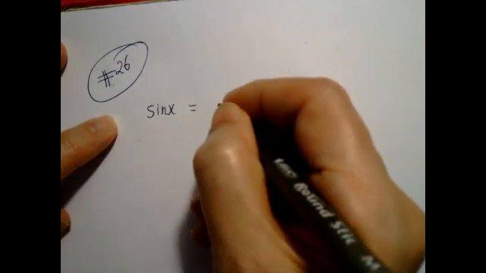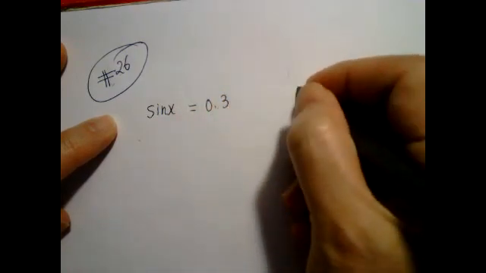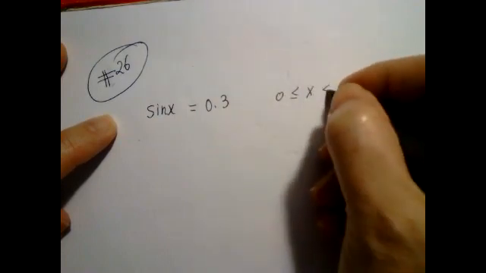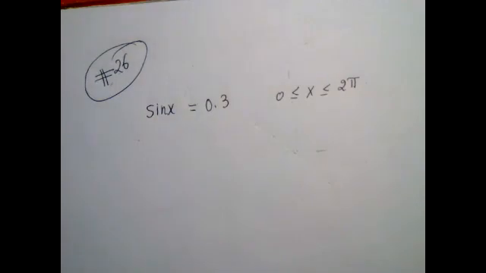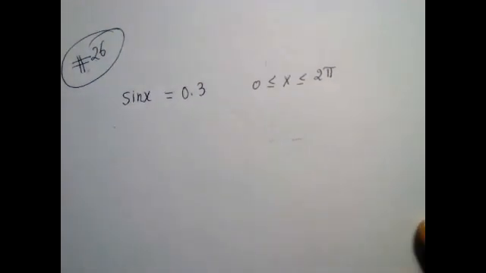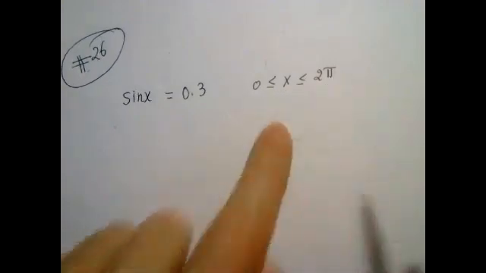And the question is, solve sine x equals 0.3 for x between 0 and 2 pi. Okay. All right, so that's the question. And then we're going to graph sine x and show the solution on the graph.